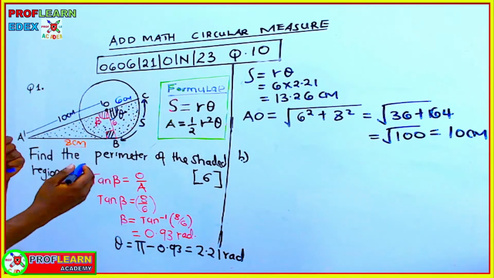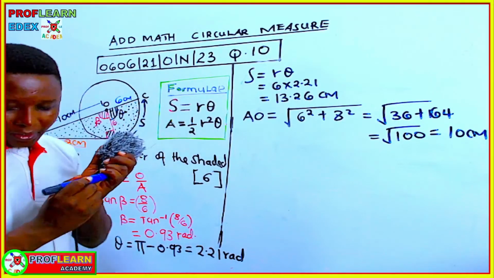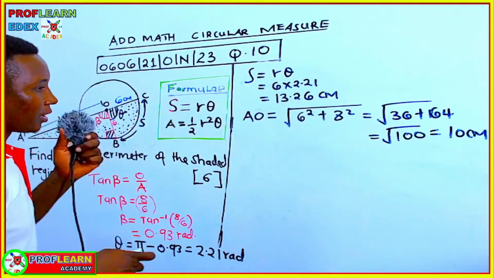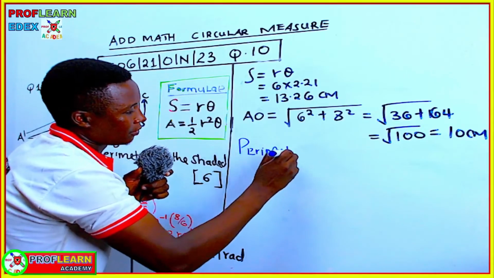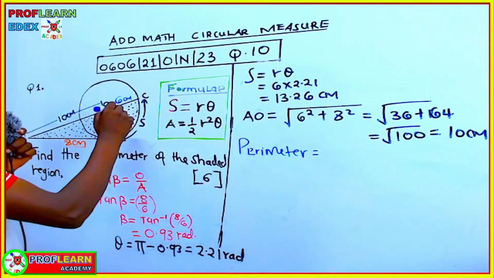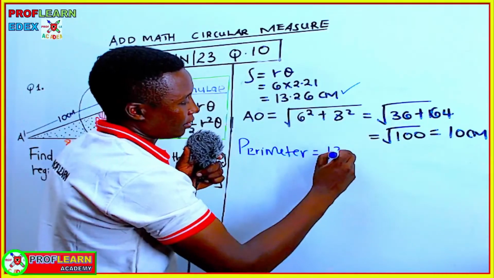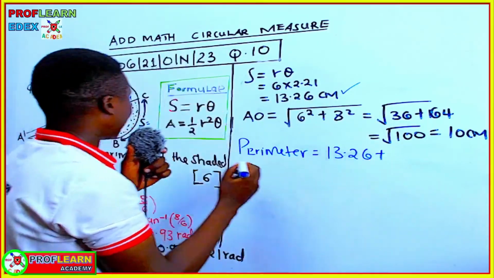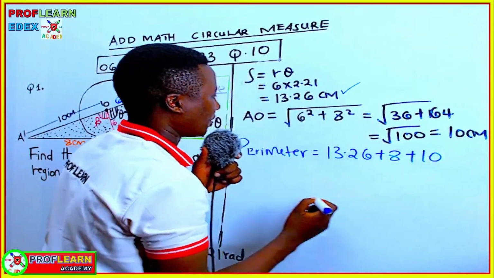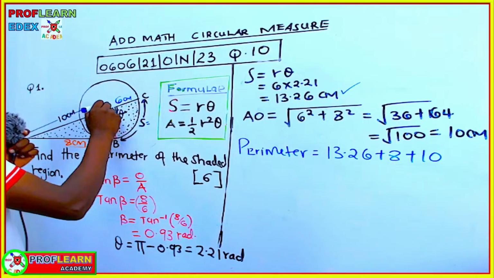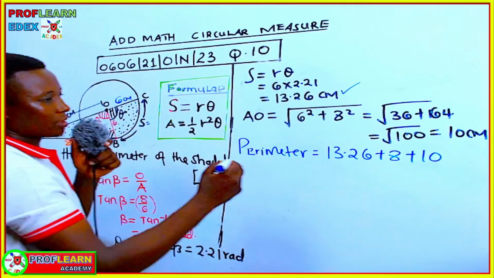But to find the perimeter, you need to remember that perimeter is the distance around. So the perimeter is going to be this part, 13.26, plus this part 8 centimeters, plus 10 centimeters for AO, plus 6, the radius, at this given point.